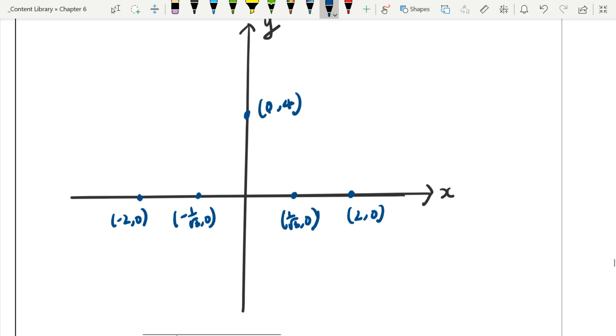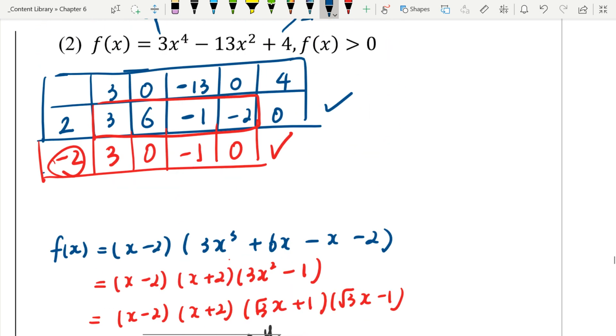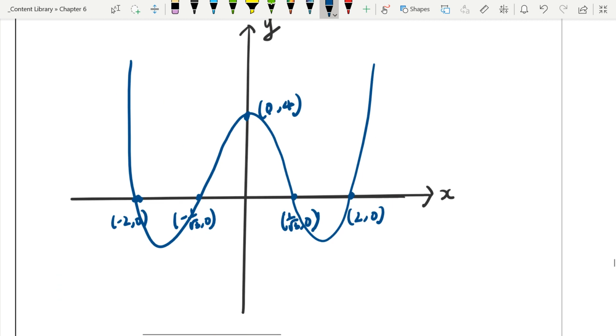All right, where should I start? Right hand side top or right hand side bottom? Top. So it's about the W shape. It's a W shape. And what do I want? I want f(x) bigger than 0.